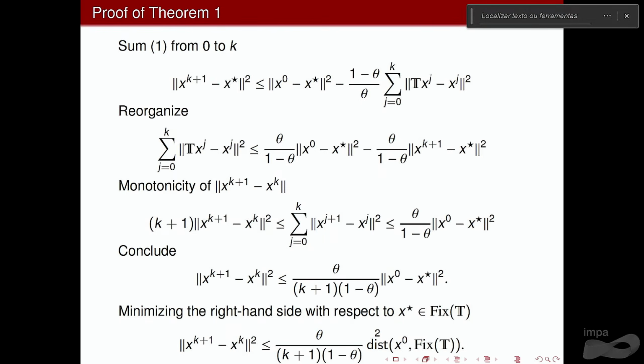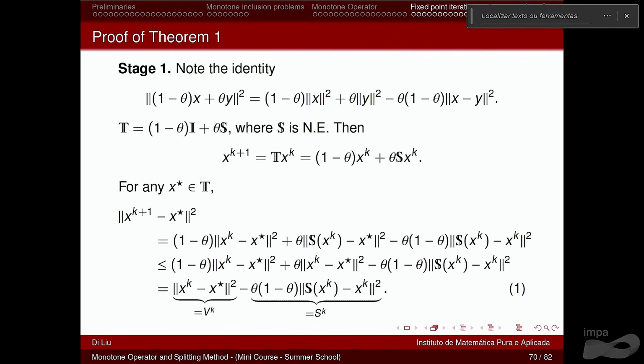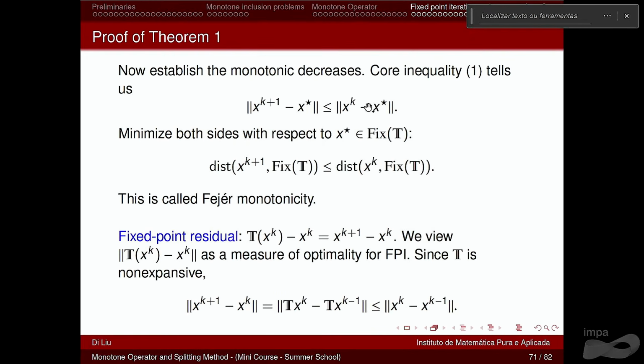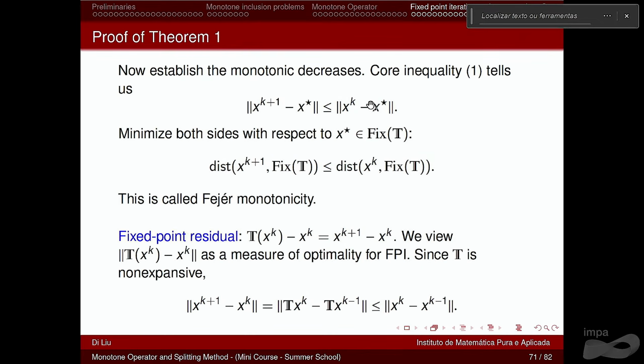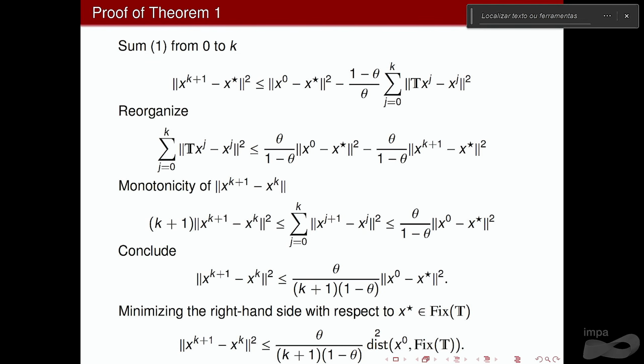And from inequality 1, let's recall it again: the norm square of x_{k+1} minus x star is less than the norm square of xk minus x star minus a negative term. Remember, it is a negative term. We sum this inequality from j equals 0 to j equals k.